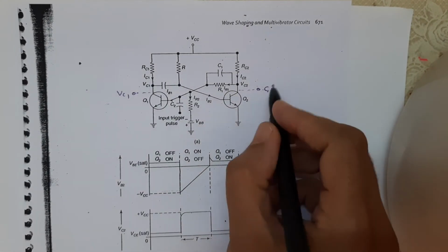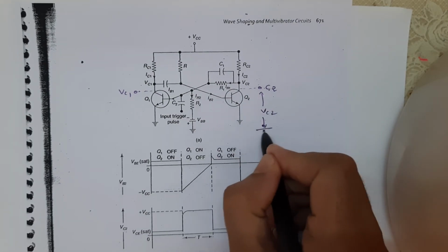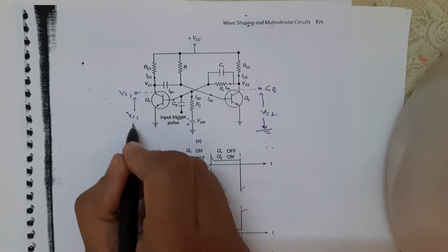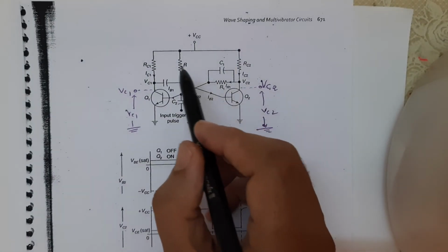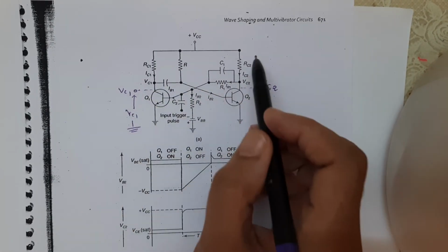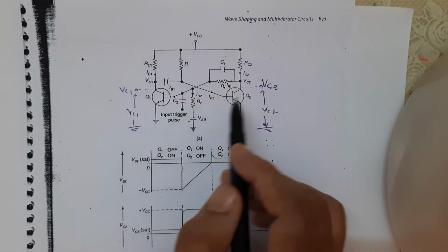From here to ground, from here to ground. This is your RC network, RC1, RC2, and this is the circuit diagram.